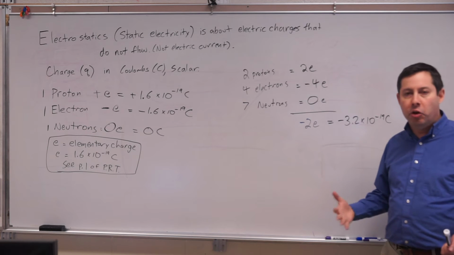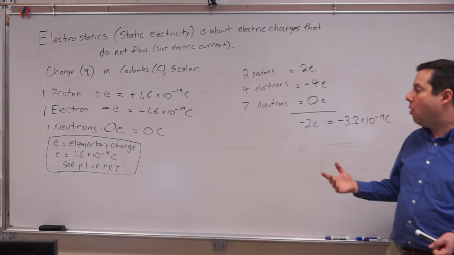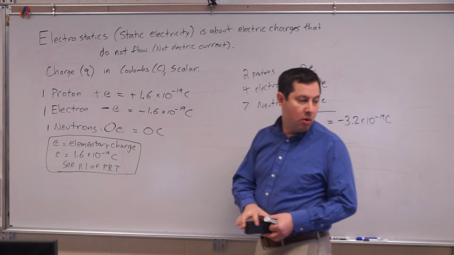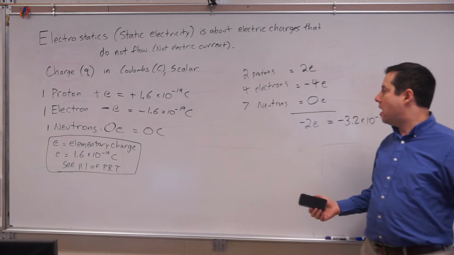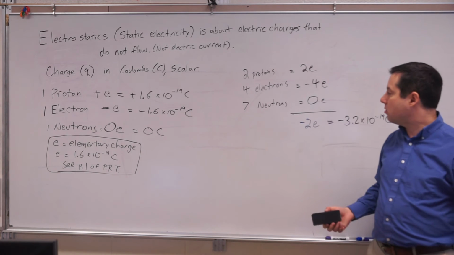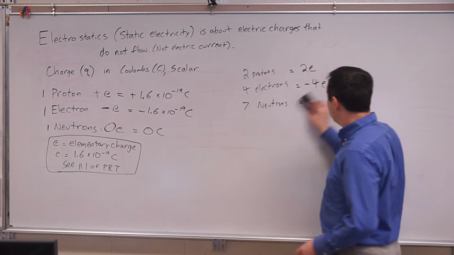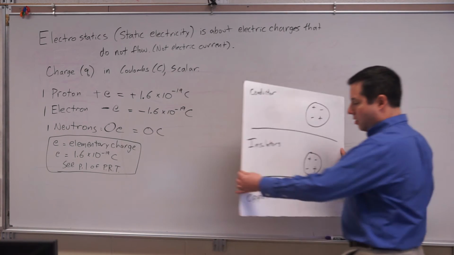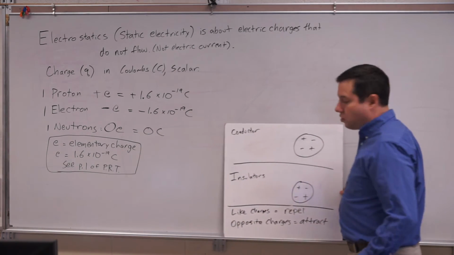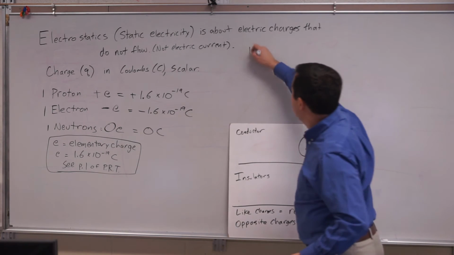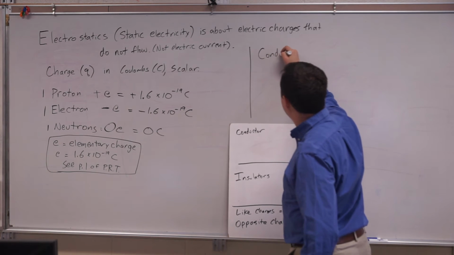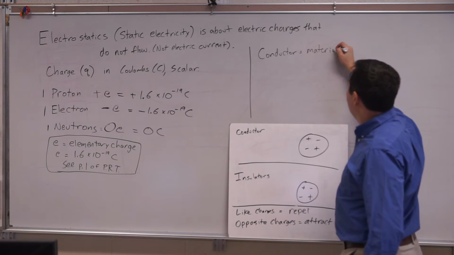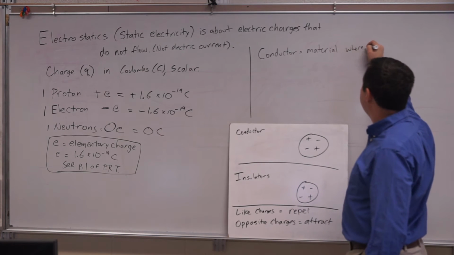So let's talk a little bit about how charge flows. And so I want to differentiate between what are considered conductors and insulators. I'm going to erase this part here. So a conductor is a material where charge flows easily.